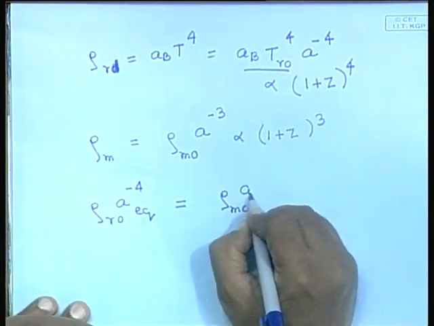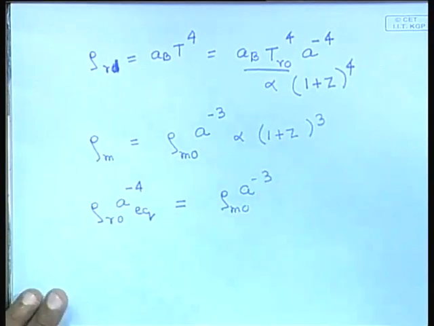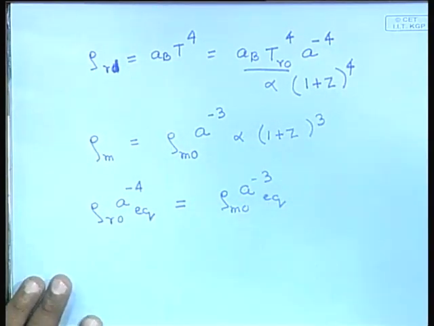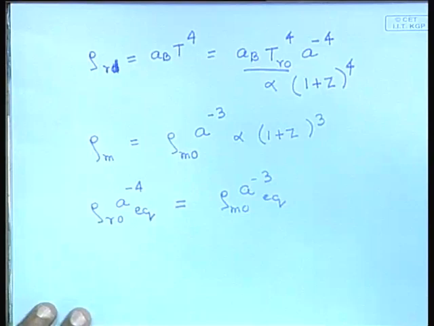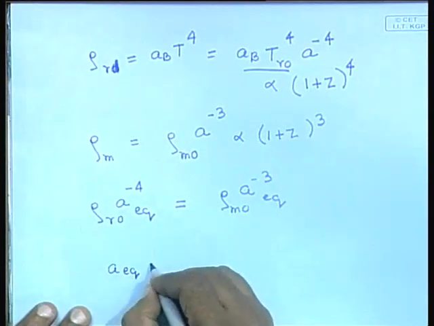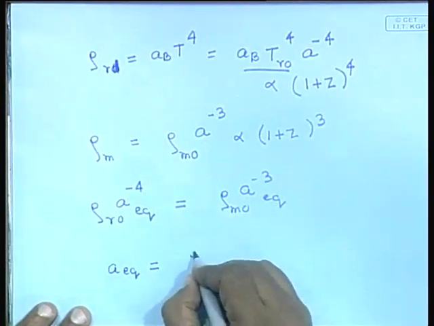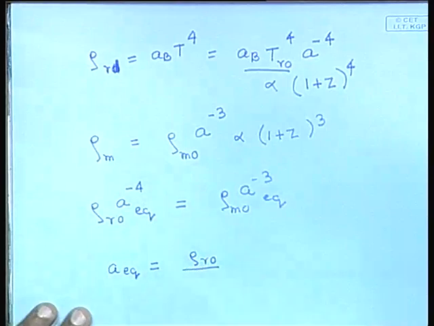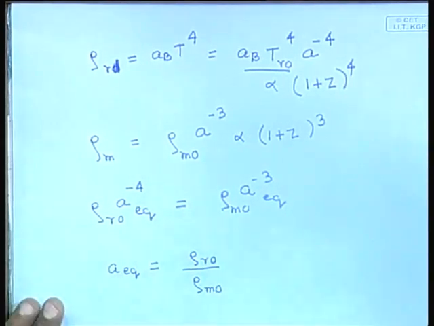We would like these two terms to be equal, and multiplying both of these with a to the power 4, what we see is that a_equality is given by the ratio of the energy density of the CMBR divided by the matter density of the universe now.